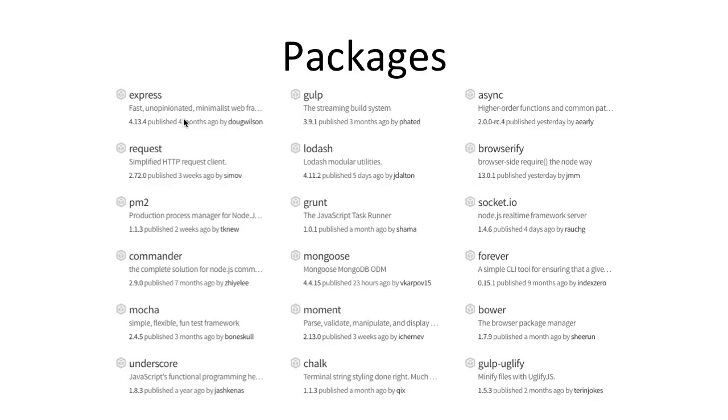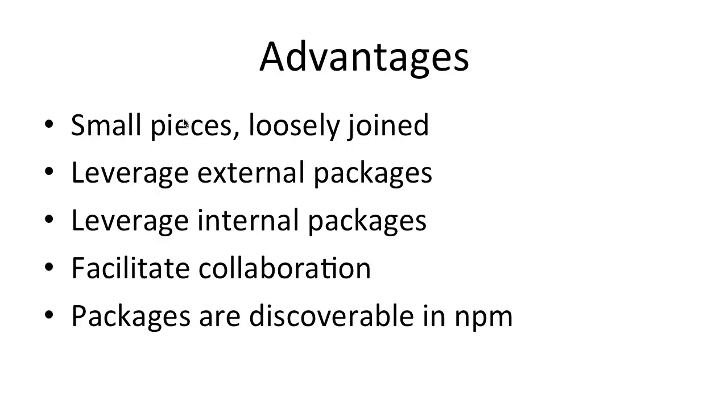You would then gather a number of these to create an application. Very much in the same spirit of the web, where you have these small independent pieces that, through the infrastructure of the web, can compose the World Wide Web. In this case, we have these small pieces that are loosely joined, distributed through NPM, and the rest of the community can leverage them.